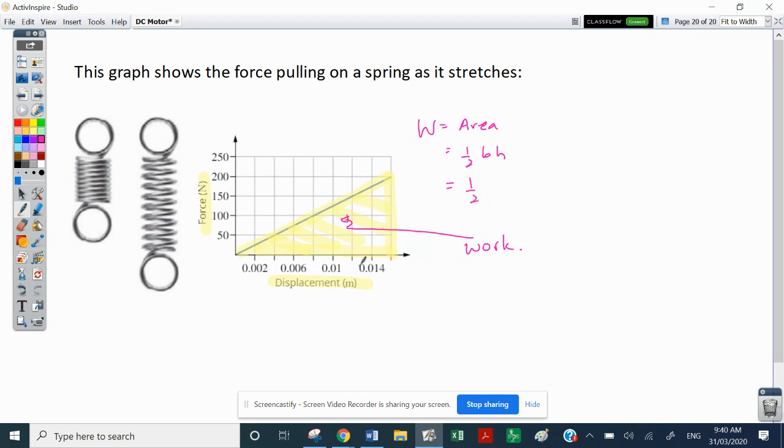Now, this is going up in 0.002, so this number here would be 0.016. So that's 0.016 times the height, which is 200 newtons. And so typing that in, you get 0.5 times 0.016 times 200, and you get 1.6 joules of work is done.